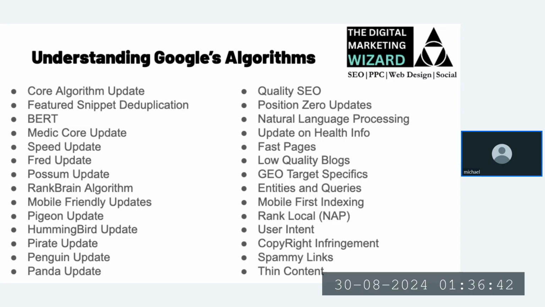Rank local NAP. NAP stands for your name, address, and phone number. If that's different, that's one of my favorite ones. In our last webinar, we went over the NAP strategy.